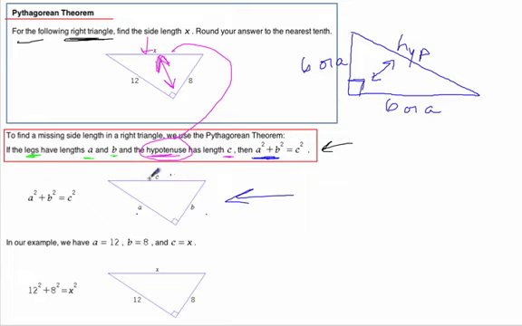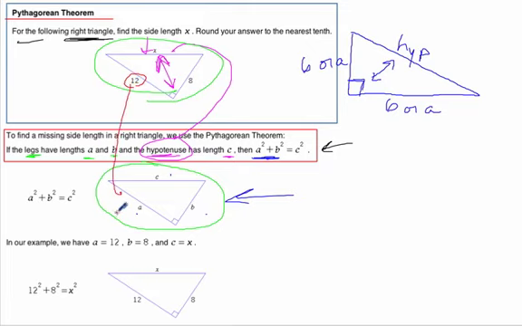Now if we take a look at this drawing and we compare it to our original, we can transfer over the information. This 12 is in the A position, right? So that means A is 12. This 8 is in the B position, so that means B is 8.